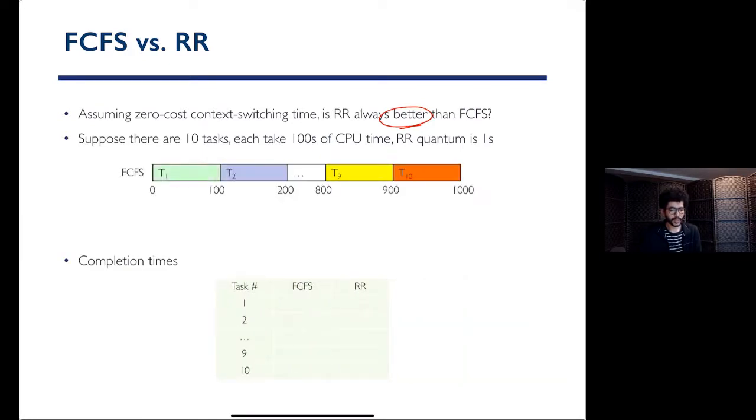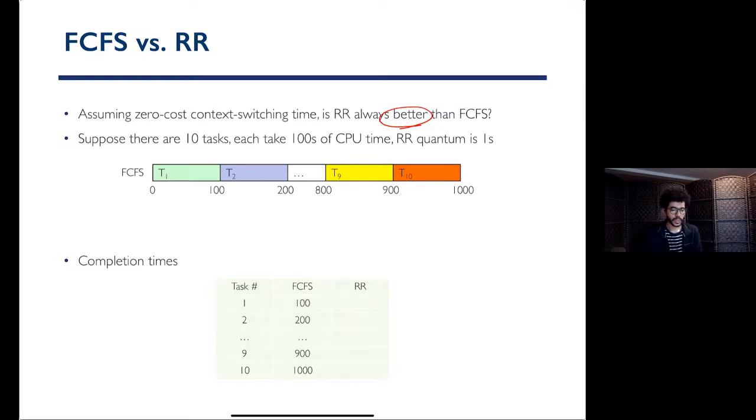So this is what's going to happen with FCFS. Let's assume that tasks are ordered by their number. So T1 is going to run first, then T2, and all the way to T10. So that's going to be the schedule and the outcome under FCFS.